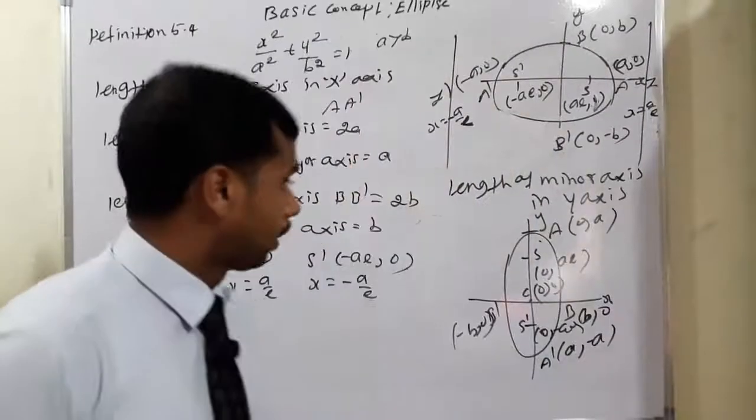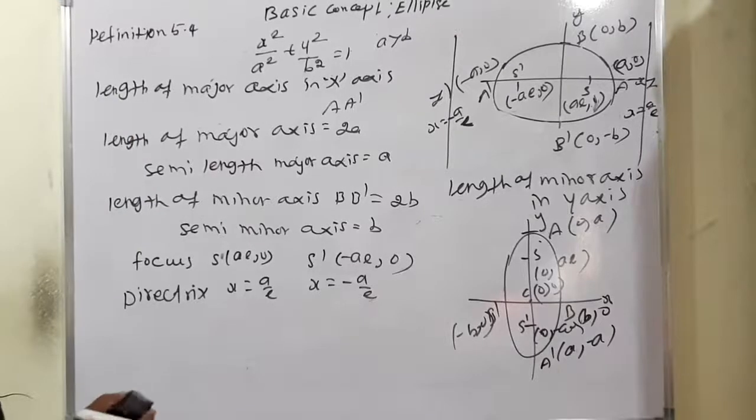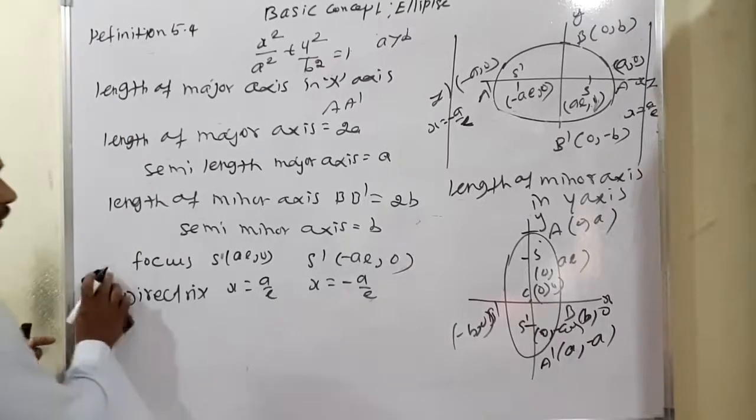Okay, so now I am moving to the basic form. The basic form means eccentricity. How to find out the eccentricity? It is one of the important two more questions.